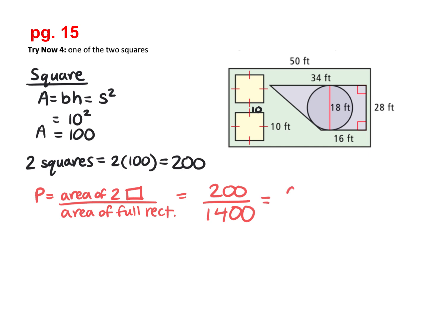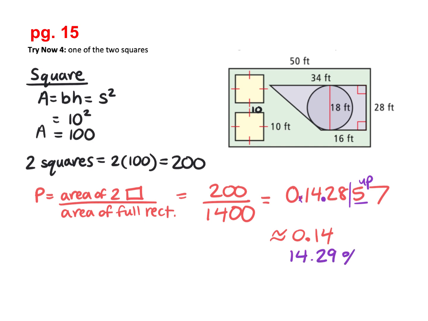And the number that comes out is 0.142857. So as a decimal, I could say it's about 0.14. And as a percentage, we move the decimal 2 places to the right. So 14.28. 5 makes it round up. So 14.29%.